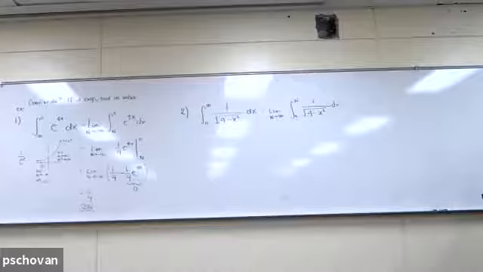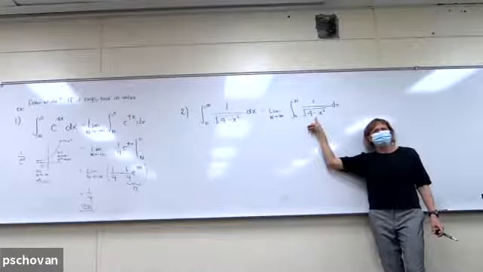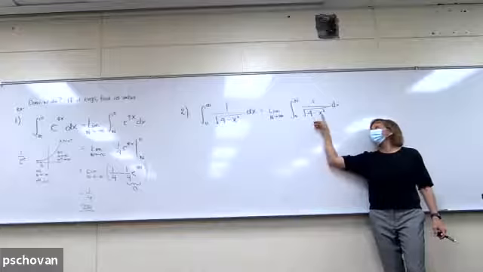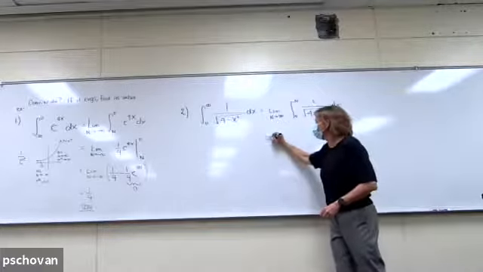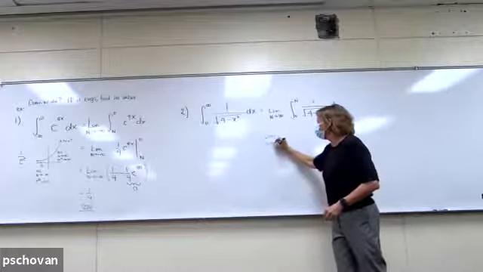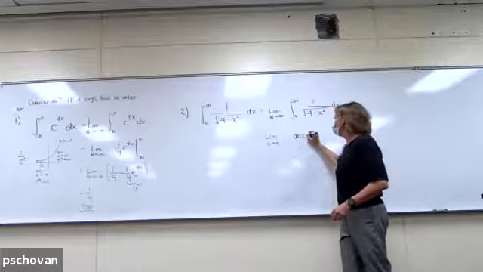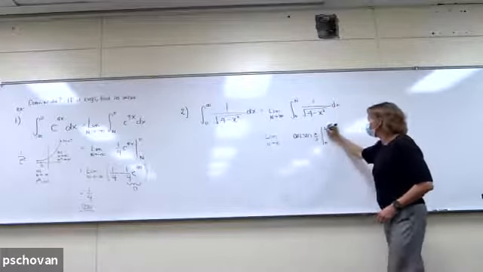What is that integral? You know this one? You recognize it? No one love it? That's one of the arcs. An arc, which one? That's an arc sine. So this one's just the arc sine of x over 2. Evaluate from 0 to n.